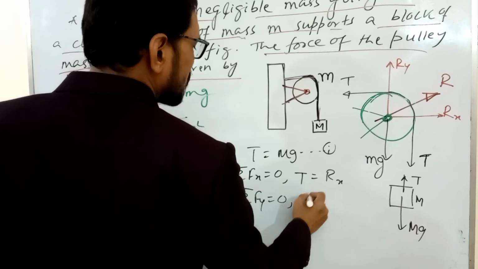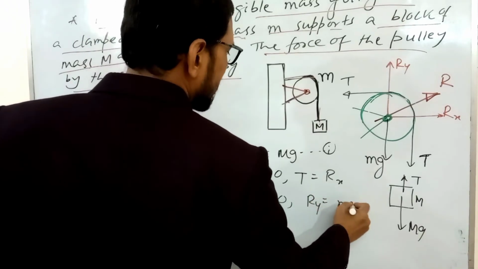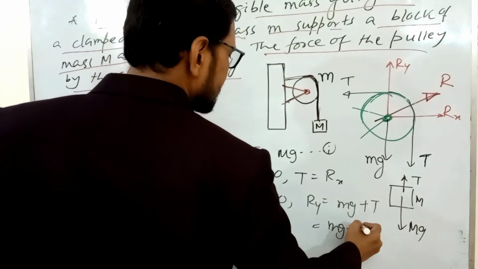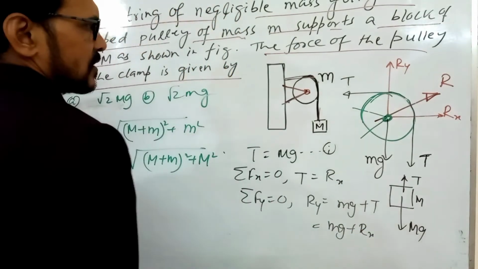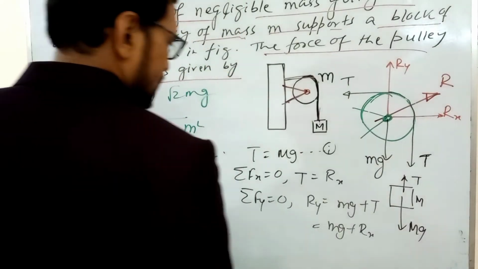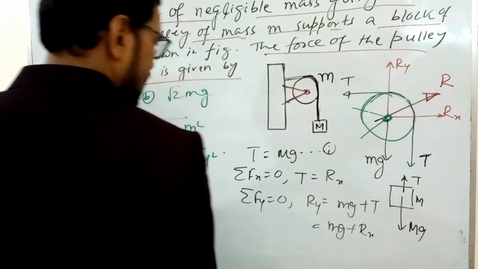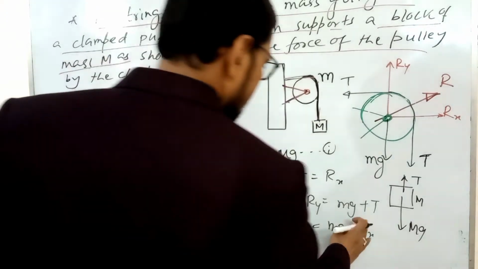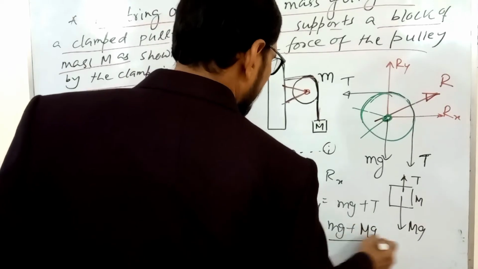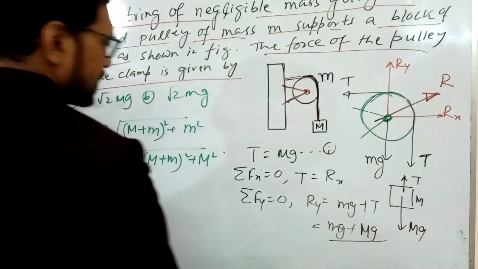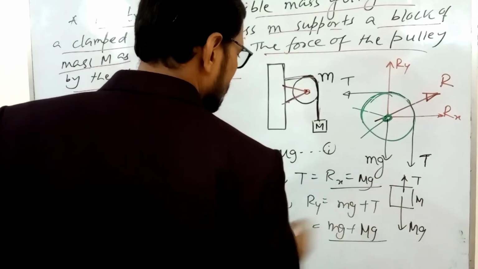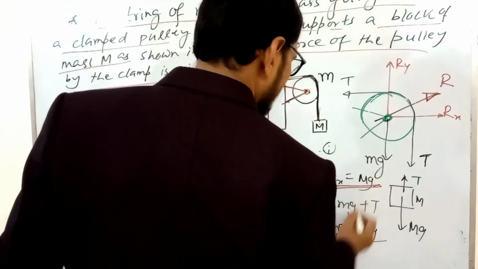From this we get Ry equal to mg plus T. Now T equal to mg, so Ry equal to mg plus mg, and Rx equal to T, that is, Rx equal to mg. So we get Rx and Ry both.